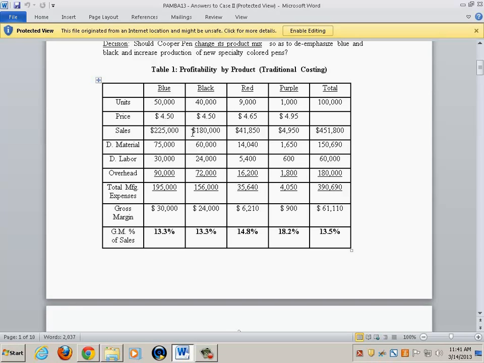Well, maybe we should, maybe we can't. I don't know how much. And if we can price them significantly higher, we may make them profitable. So we can calculate how much we have to price them higher, other things being equal.